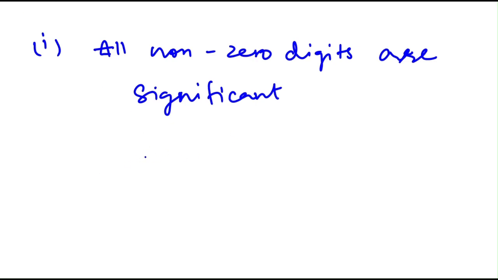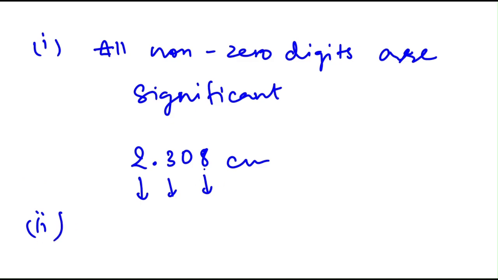Let's say we have 2.308 centimeters. Here 2, 3 and 8, these three digits, are significant, and of course there is a second rule also here, because we have four significant figures. If there is a zero between two non-zero digits, here this zero is between 3 and 8, and these two are non-zero digits, so this is also significant.